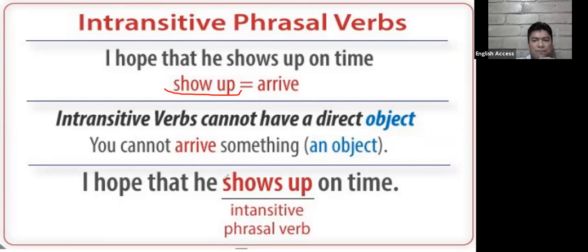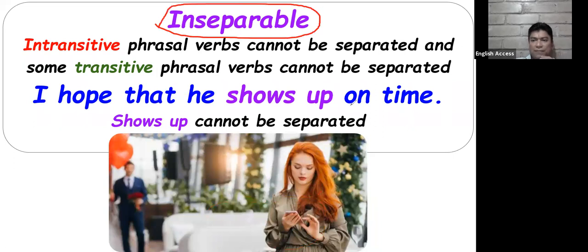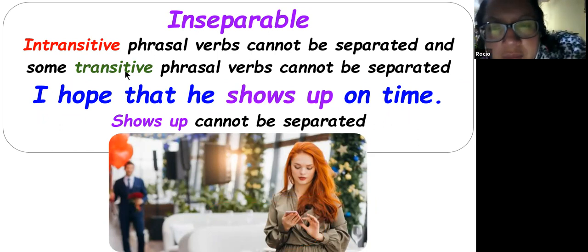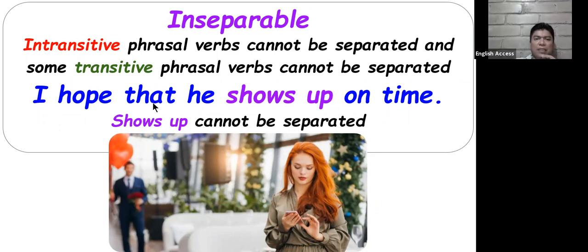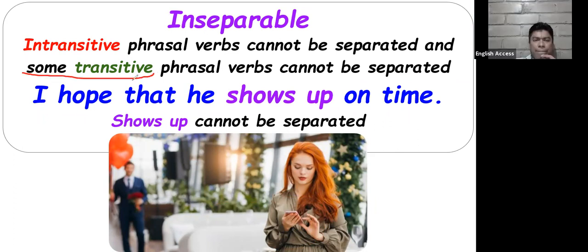So shows up is intransitive, and because it has no object, it is inseparable. We cannot separate it. Intransitive phrasal verbs cannot be separated, and some transitive phrasal verbs cannot be separated either. Shows up cannot be separated.